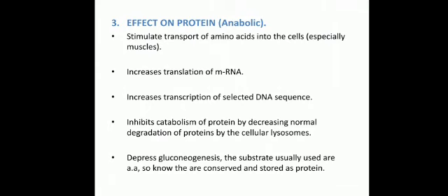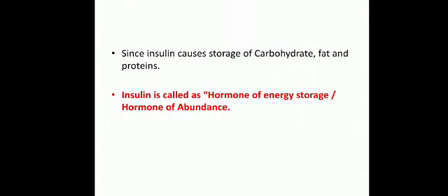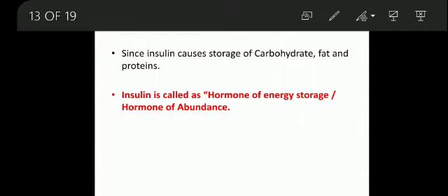So basically insulin's action on protein is anabolic. And we move to the next slide. So since insulin causes storage of carbohydrates, fats and proteins, we call insulin the hormone of energy storage, or the hormone of abundance.